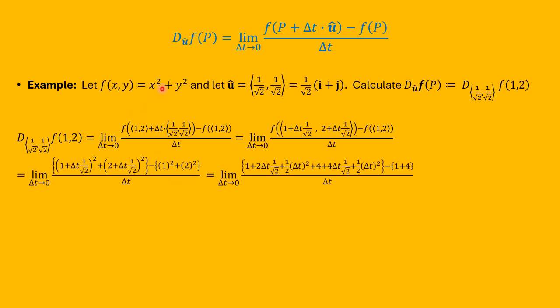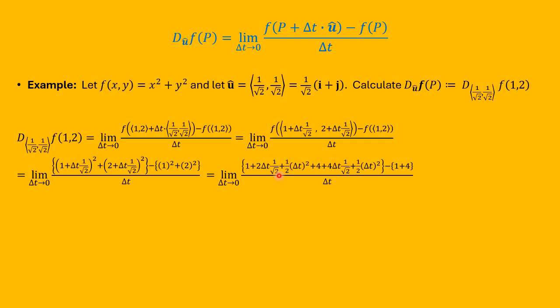f of x, y is x squared plus y squared. So f of this stuff is this first thing squared plus this second thing squared. f of (1, 2) is just 1 squared plus 2 squared, and it's divided by delta t. So we get this. If we expand these two squares of binomials, this stuff right here becomes this stuff right here.